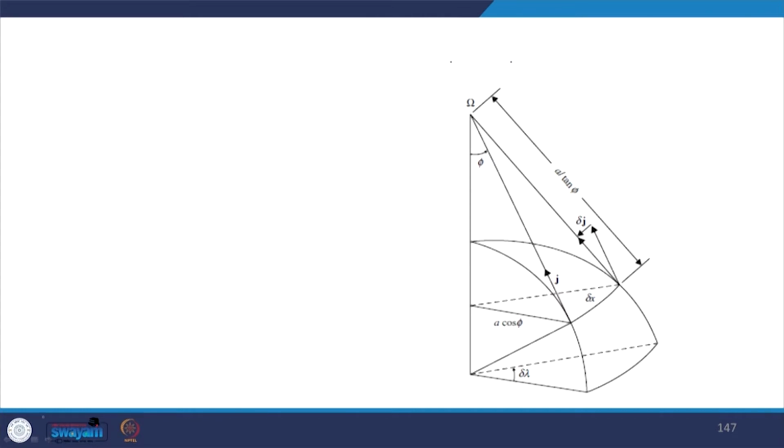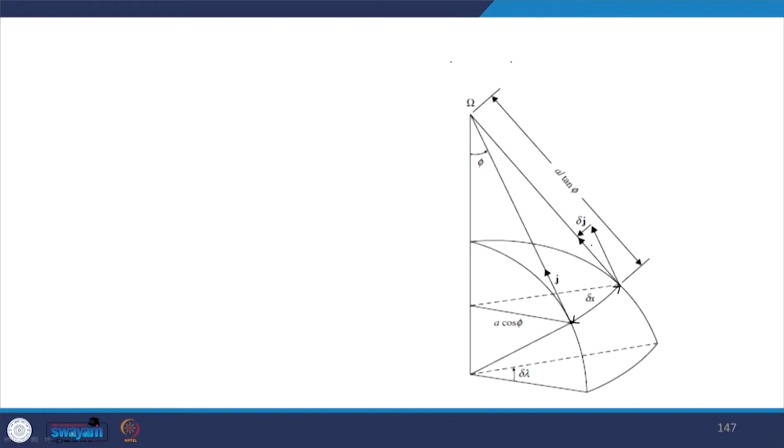You see here the j unit vector is pointing in this direction. After this point travels a displacement of, let us say, delta x, in the eastward direction, the j unit vector is no longer j, rather it is j plus delta j.